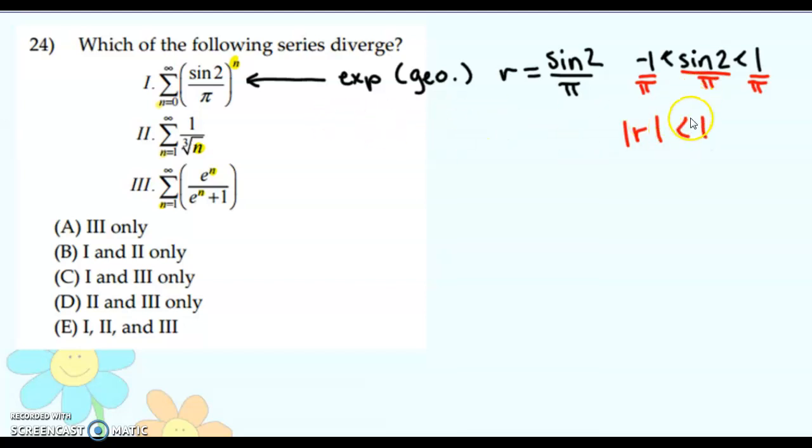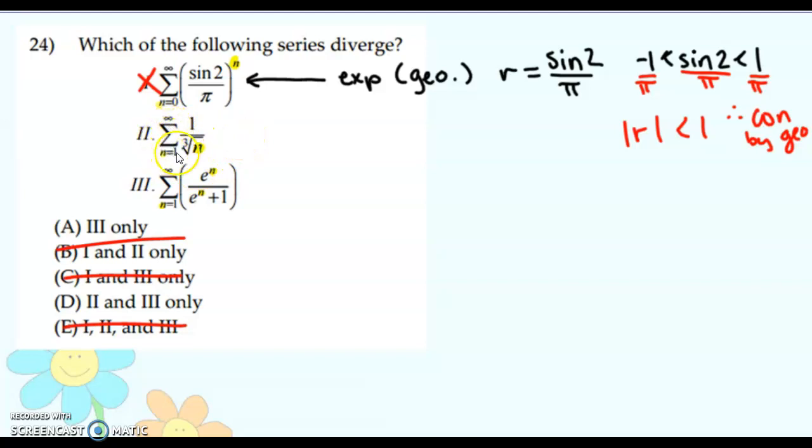And if it's less than 1, then this one converges by our geometric series test. So I know it's not number 1. So if I were doing multiple choice, hey, I could narrow it down to just A and D right away. But it's not going to be, so let's take a look at another one.